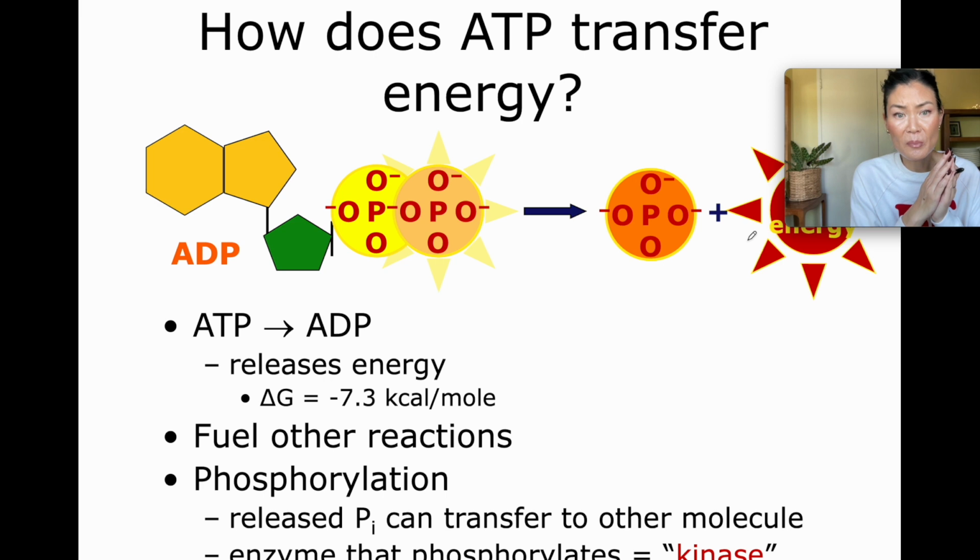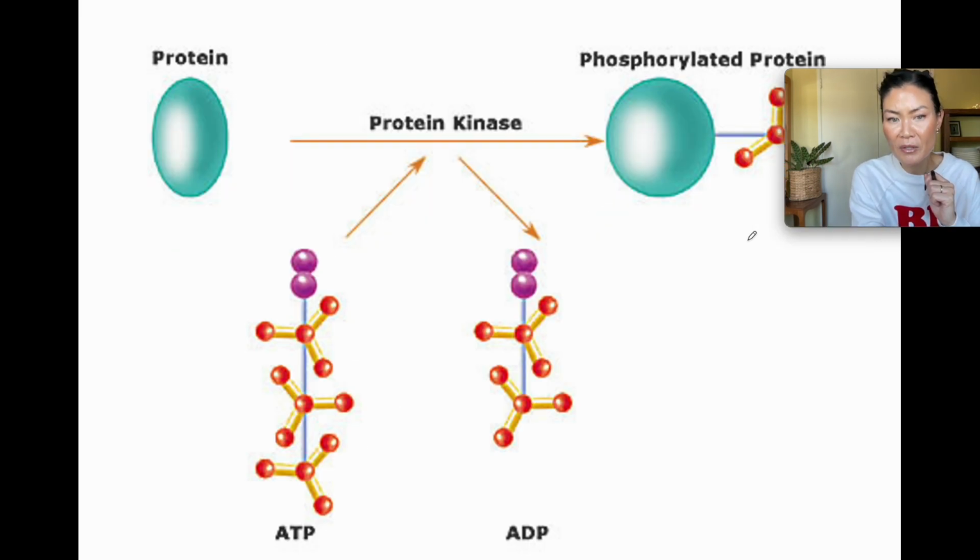Enzymes can break bonds or make bonds. A kinase is an example of an enzyme that brings an inorganic phosphate group together with the molecule that's being phosphorylated, and it's making a bond, phosphorylating something and energizing it. So here's ATP. These are the three phosphate groups right here.